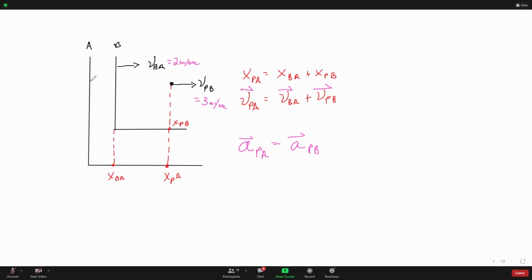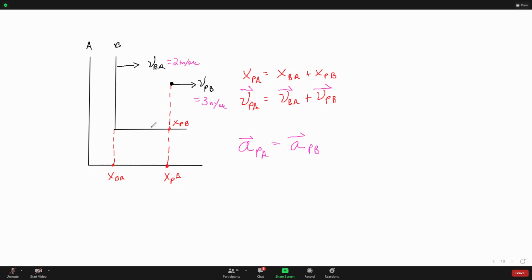If I have a moving walkway in an airport, the airport is frame A and the walkway is moving with respect to frame A. The airport's still, it's not moving, but the walkway moves with a constant velocity with respect to A. Okay. Now, these are what are called inertial reference frames.